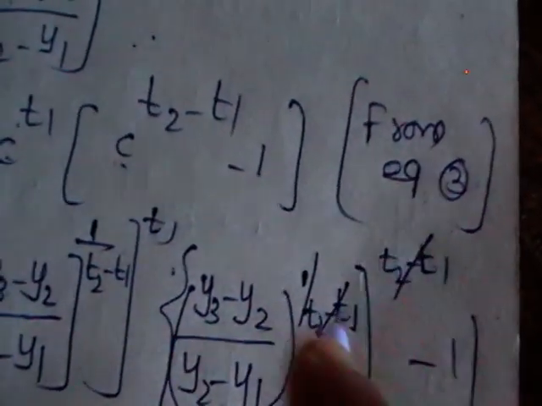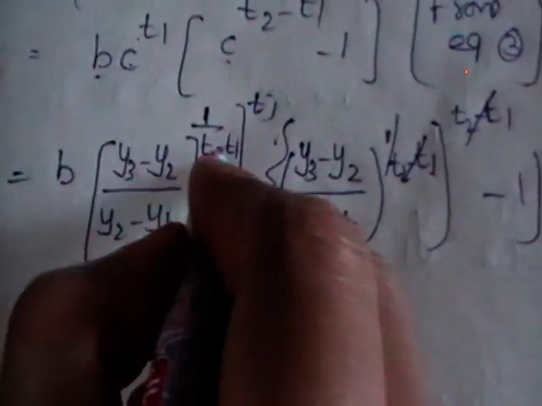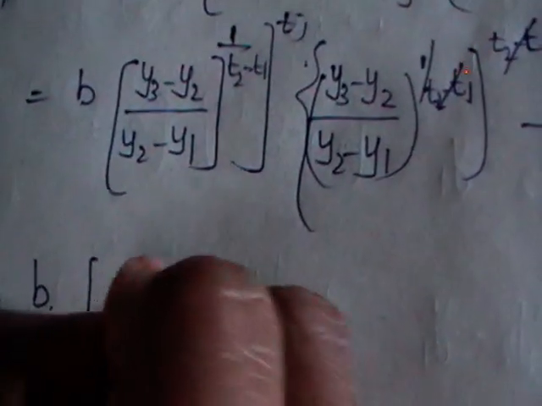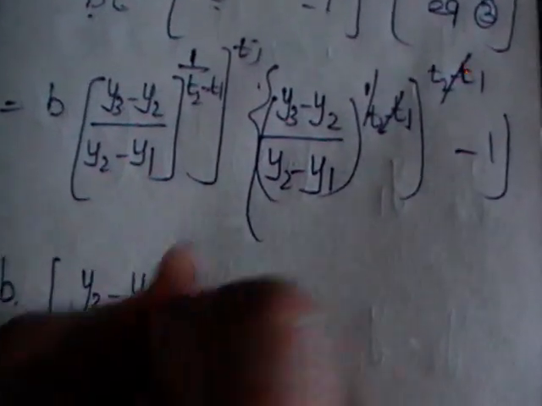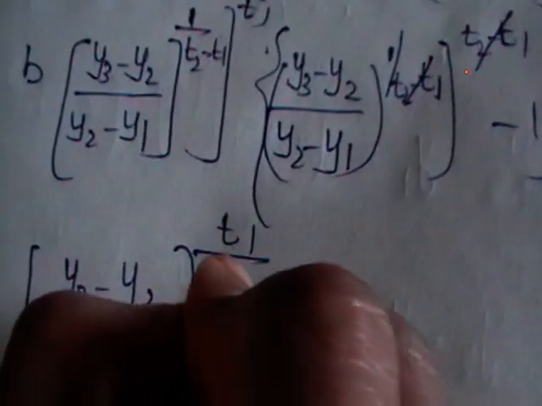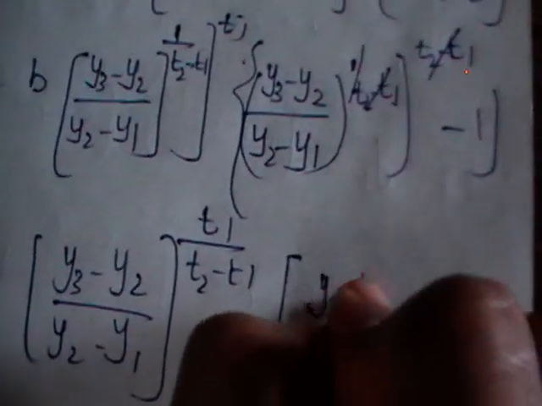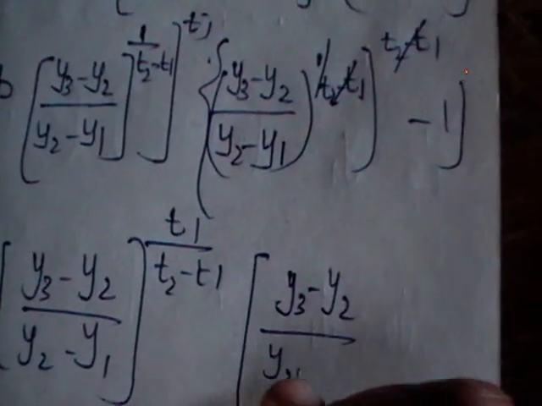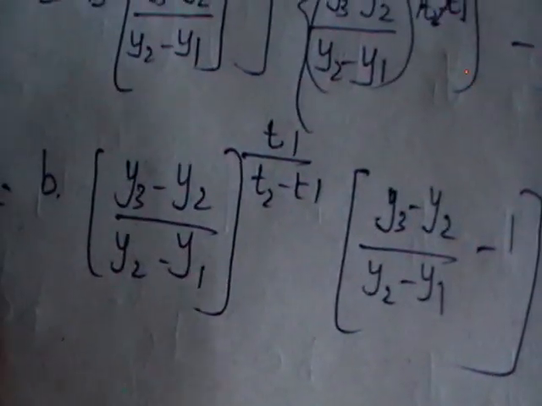So these two get cancelled here. You get b into, if you multiply a power m whole power n, which is nothing but y3 minus y2 by y2 minus y1 whole power t1 by t2 minus t1, into y3 minus y2 by y2 minus y1 minus 1. This is nothing but simple.